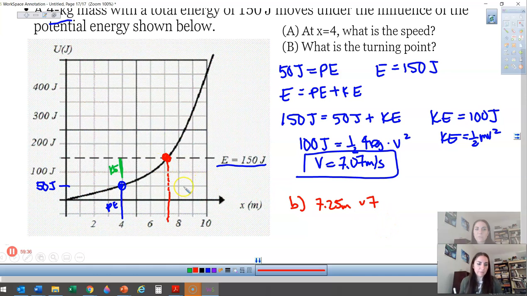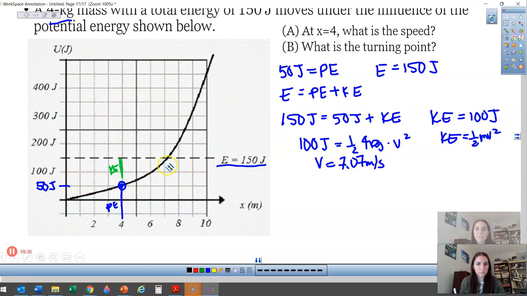So I'm reading the graph. In fact, let me just look at where it actually is. I think I just drew it really terribly. That's about right here, yeah. Right there. Yeah, that's the turning point.